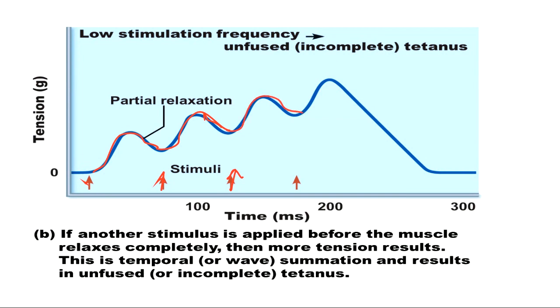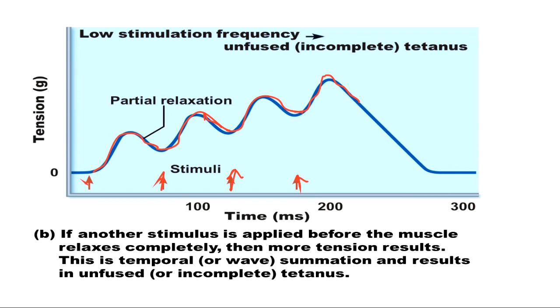We do the same thing again: before the muscle relaxes, another stimulation, and this one is even stronger than the first one. So what you can see is as we increase the frequency of stimulation and we don't allow the muscle to completely relax, the subsequent contractions become stronger and stronger and stronger.